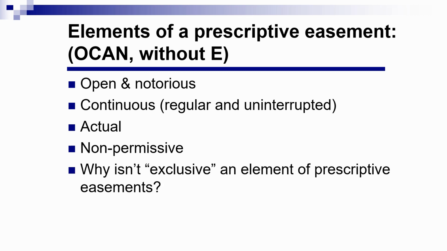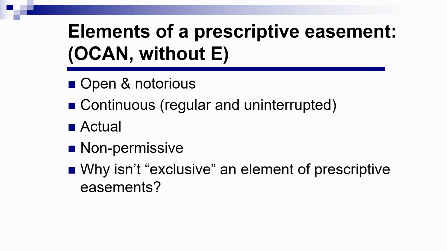Why isn't exclusive an element of prescriptive easements? Well, the reason is that easements in general are not exclusive. Most easements are non-exclusive, in fact, so that normally if you have an easement across somebody else's land, they're entitled to use that same strip of land for their own purposes or to give other people the right to use it, as long as that doesn't unreasonably interfere with your use.